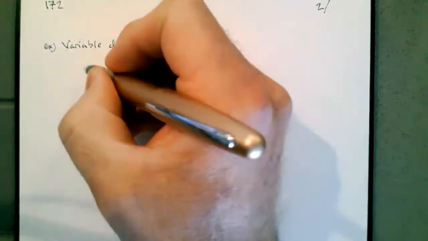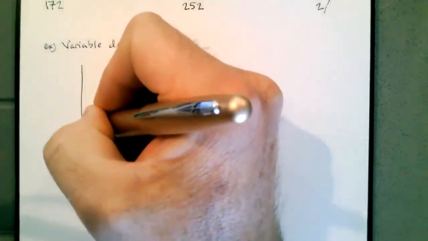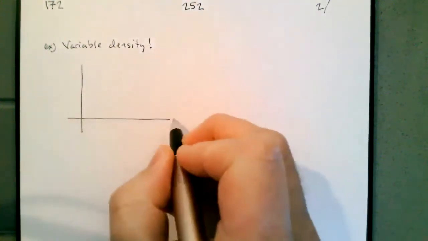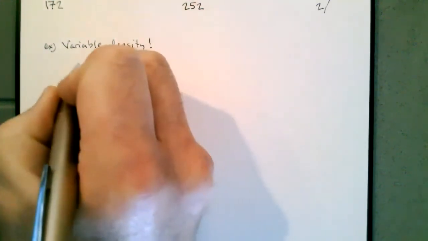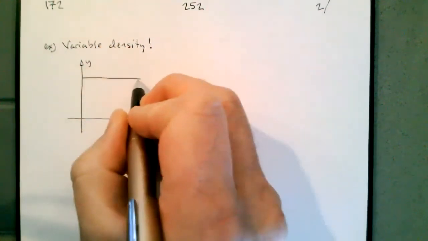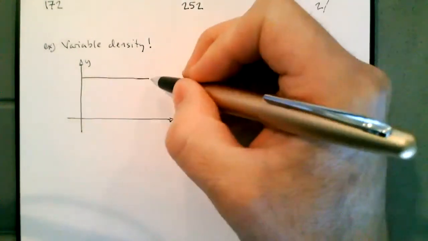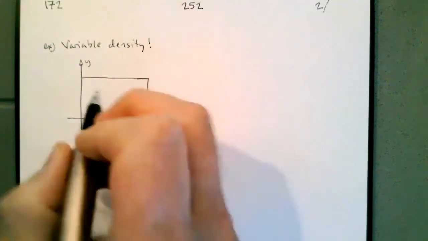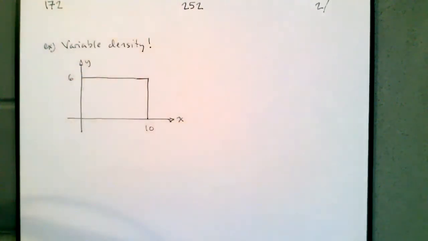So I'm going to draw this triangle again. And I'm going to say some things that will sound familiar. I'm going to draw this rectangle. It's still going to go out to 10 in this direction and go out to 6 in this direction.